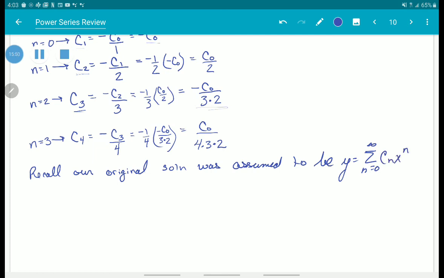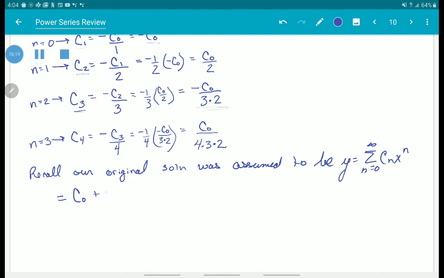So if you remember, in the beginning of the directions, we said that our original solution is assumed to be of this form, and then we found a derivative of that, and then we plugged all that information into the differential equation. But now we have an idea of what these constants are going to look like. So let's do an expansion here. If we were to expand that out, if we plug in 0, we're going to get c sub 0, x to the 0, which is 1.